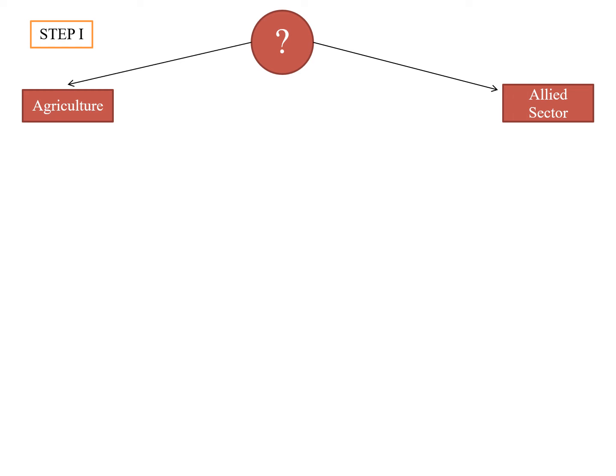That's why, as an agribusiness management student, you can choose either the agricultural sector or any of the allied sectors. Even in the agricultural sector, you have the choice to do research in food grain. Food grain means you can choose paddy, wheat, or maize. You can also choose research in the line of oilseed.